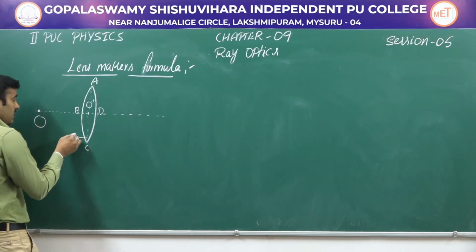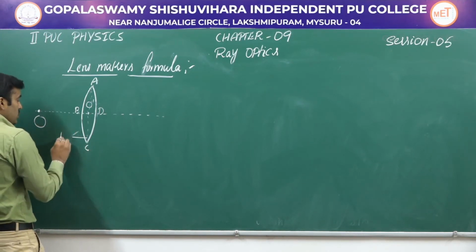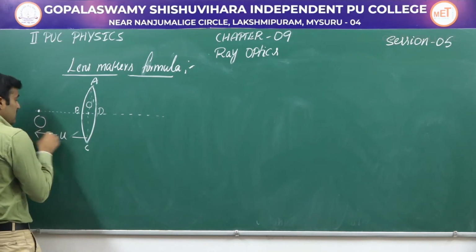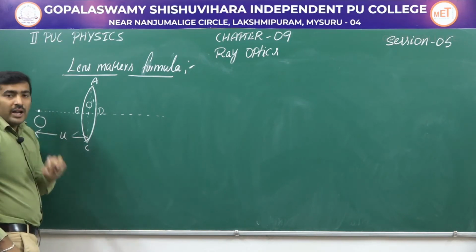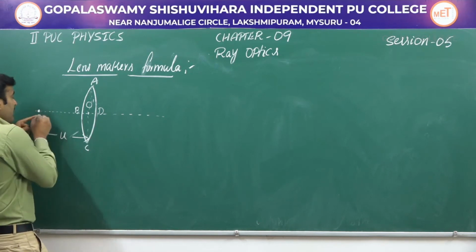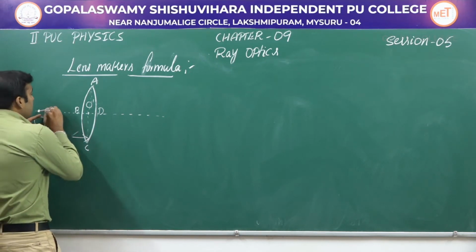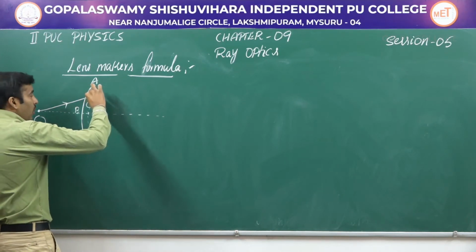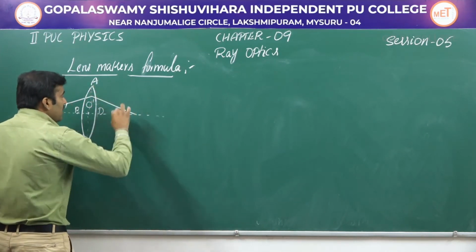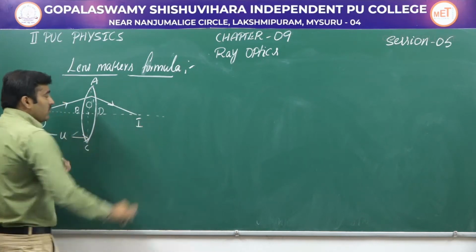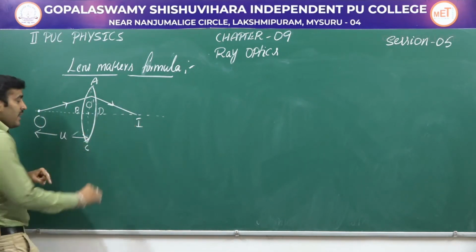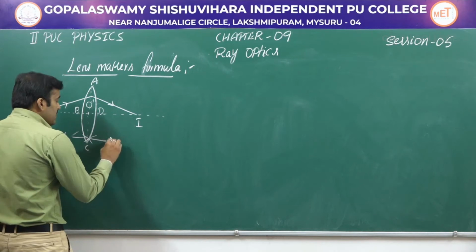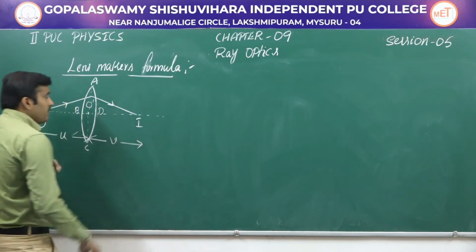So let us say that this is an object distance U. Okay. Now, the rays are emitting from this object and which is incident at the aperture of the lens, and it forms a final image somewhere here. Okay. This I is the final image. Therefore, this distance is taken as some V.